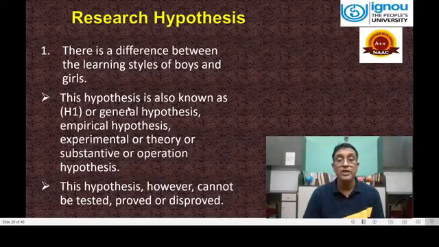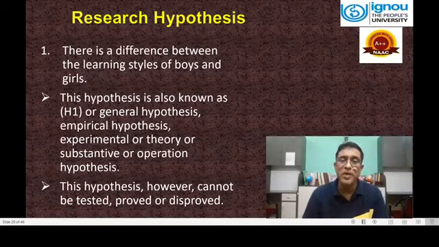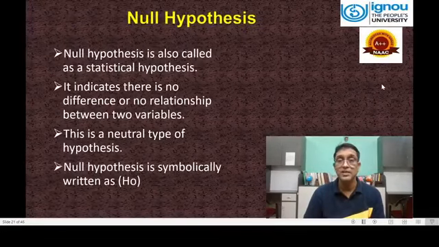So don't be confused by those names, because when you go through different research books in education, you will find that the name of the hypothesis may be used differently. This research hypothesis, however, cannot be tested, proved, or disproved. It is a simple type of hypothesis, and you cannot employ any statistics for conducting this study.